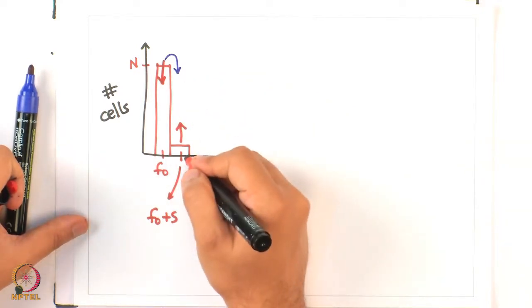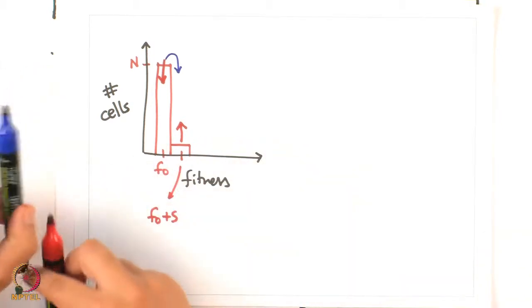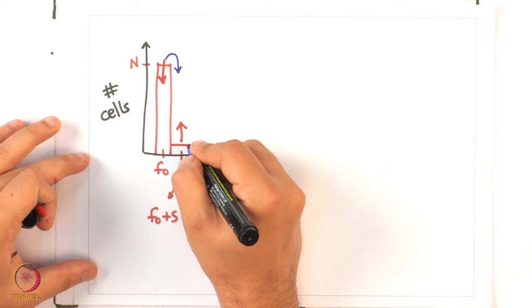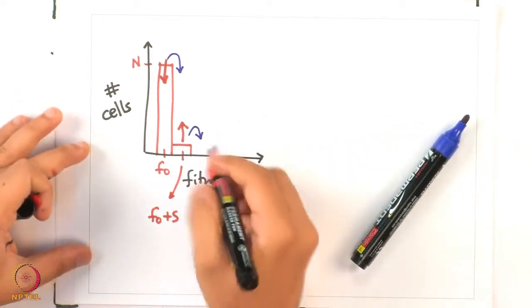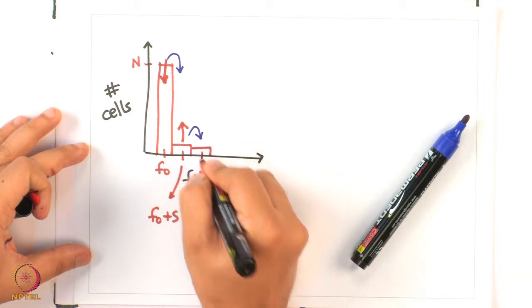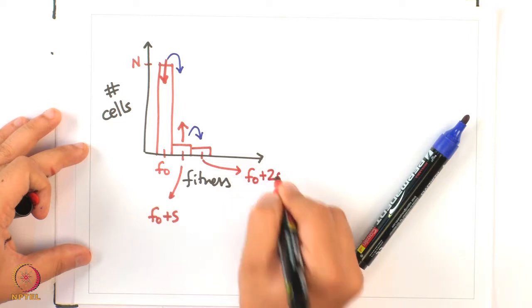But as the numbers of this particular genotype are increasing, one of its individuals is going to mutate and give rise to an individual which belongs to a genotype whose fitness is given by f naught plus 2s.